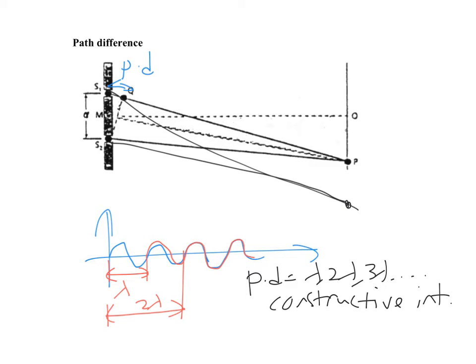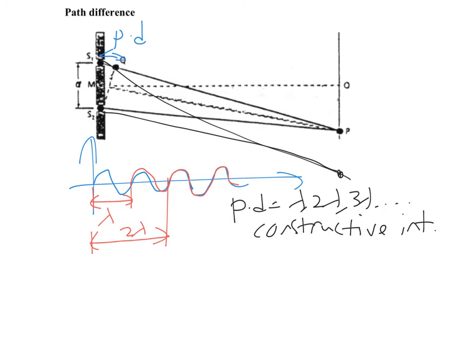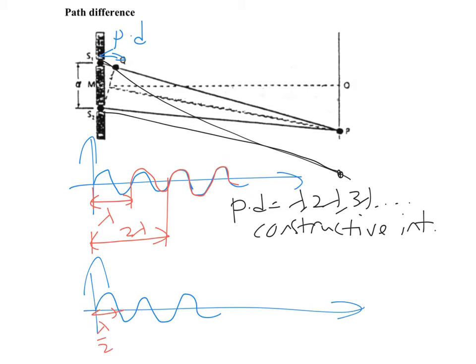Understand? Okay, now let's say the path difference is different. Let's say the wave from S2 reaches already, and the wave from S1 travels an extra distance of just half a wavelength, a small path difference. Then it comes in. When they start to meet at P, will it be constructive or destructive? Destructive.